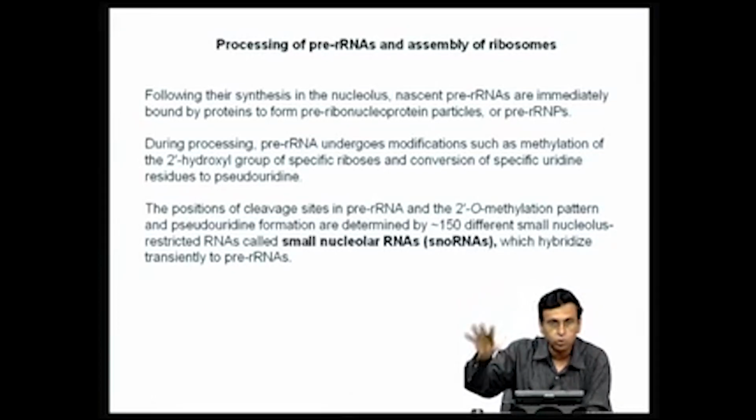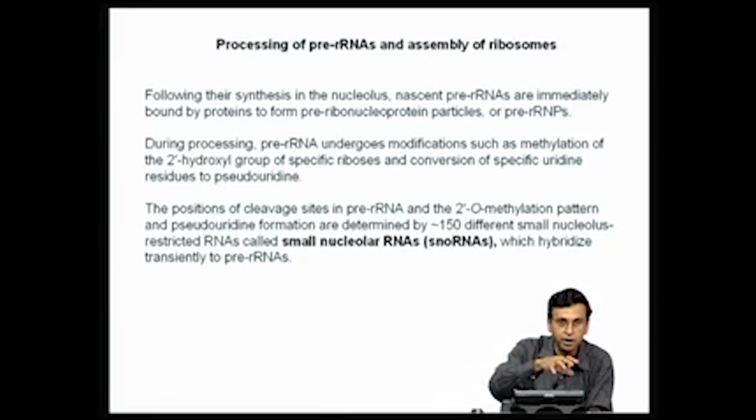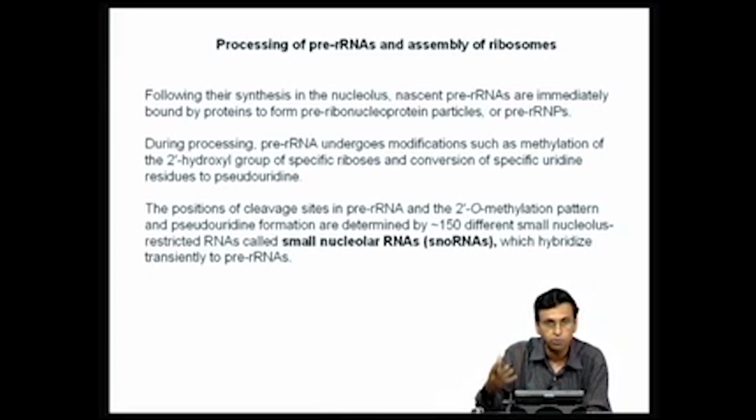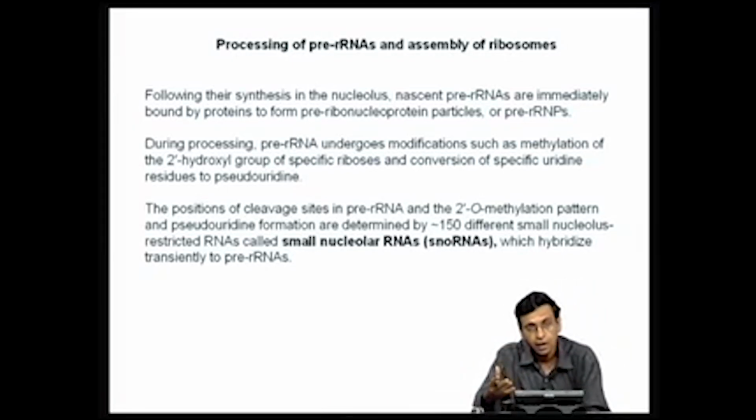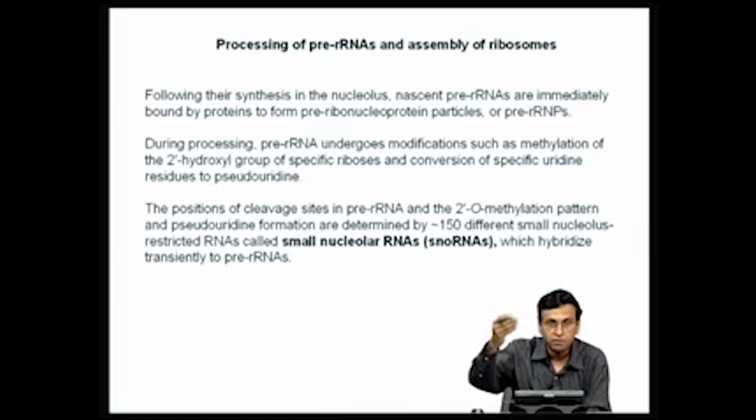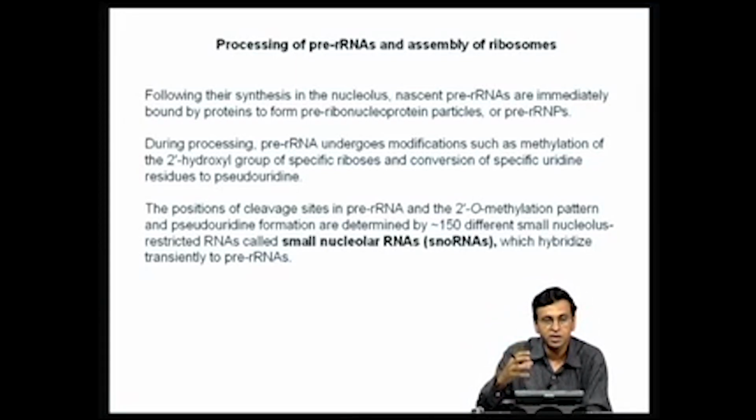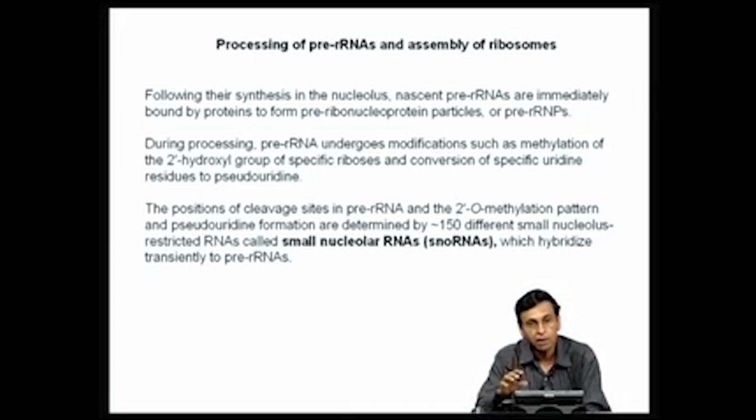Just as in Pol II transcription, you have capping factors, splicing factors and polyadenylation factors, which all interact with the RNA and form RNPs or ribonucleoproteins. The same way, immediately after synthesis, ribosomal RNA also interacts specifically with protein molecules, resulting in the formation of ribosomal ribonucleoproteins or rRNPs.